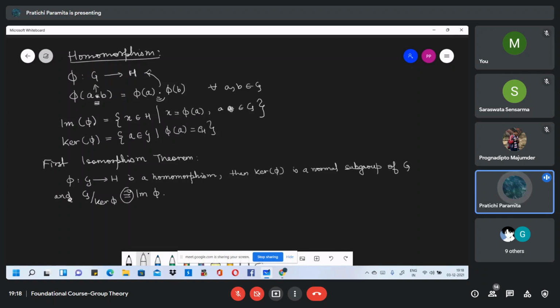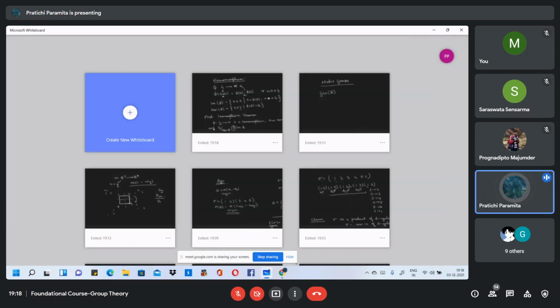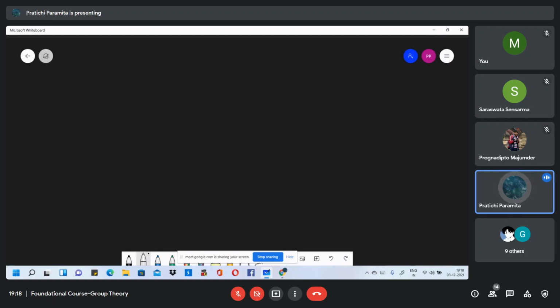So, proving this theorem is actually quite simple. Let us take phi from G to H. This is a homomorphism.